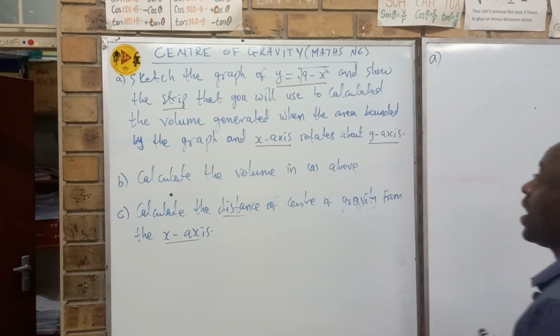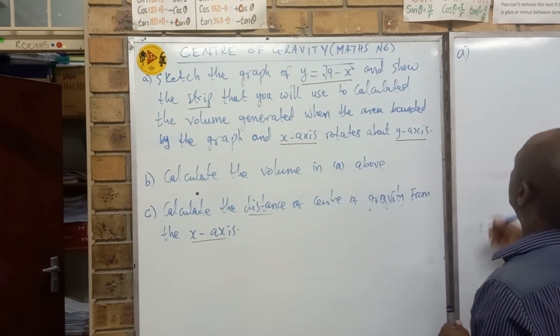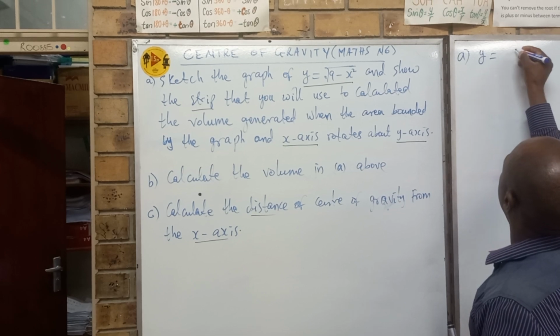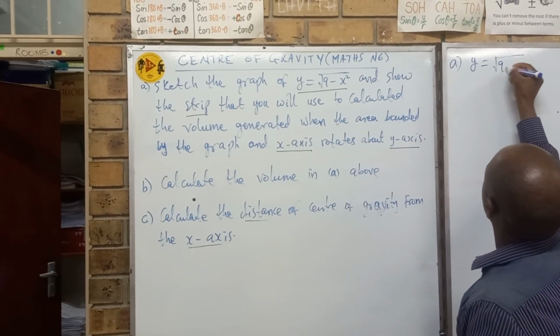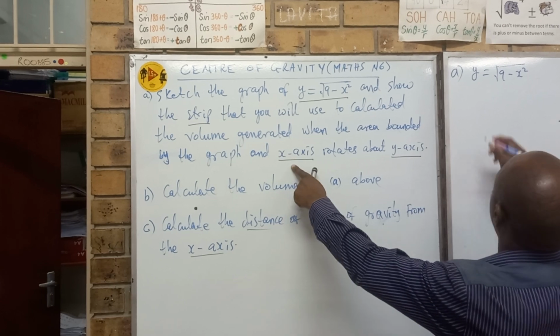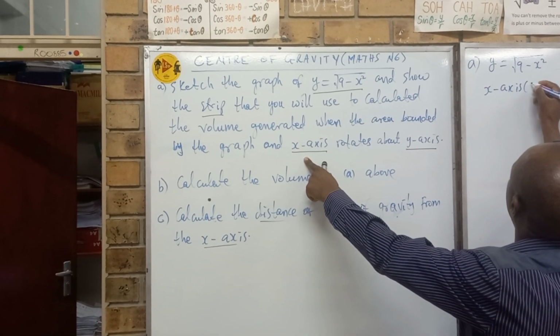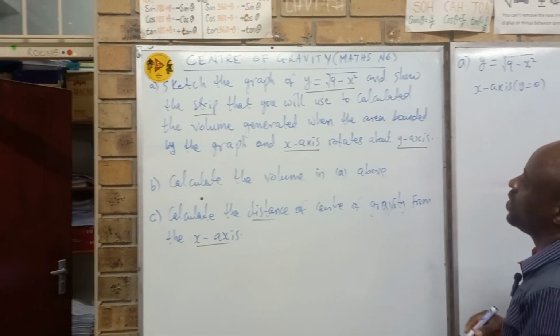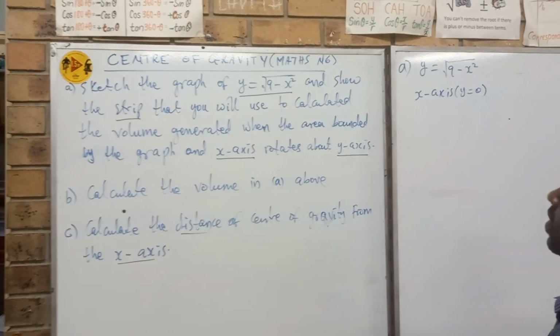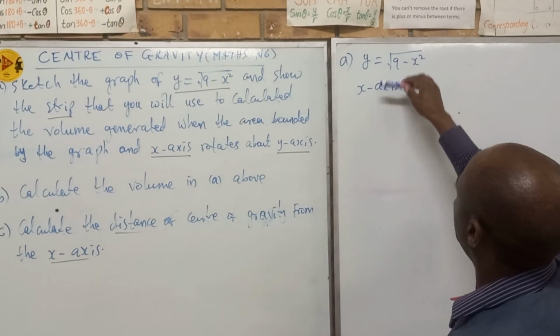So we'll go to the A part. In the A part, I've got two main graphs. There is y equal to the square root of 9 minus x squared, and there is the x-axis. So the x-axis is the graph y equal to 0. So we're going to sketch that graph, and then we show the area bounded by that graph and the x-axis.